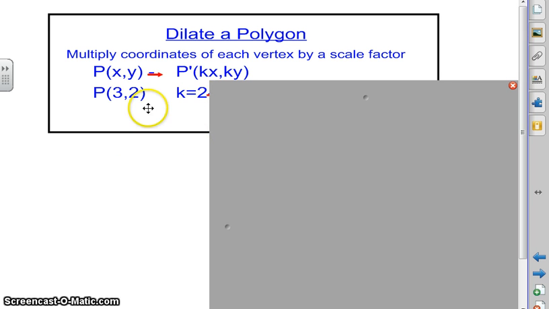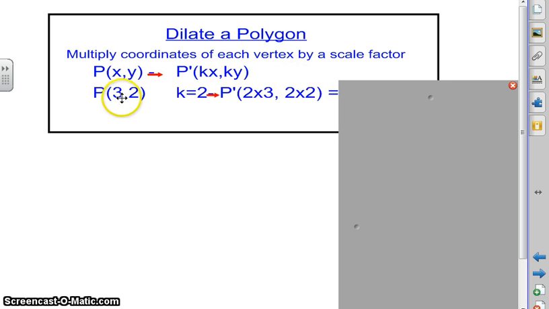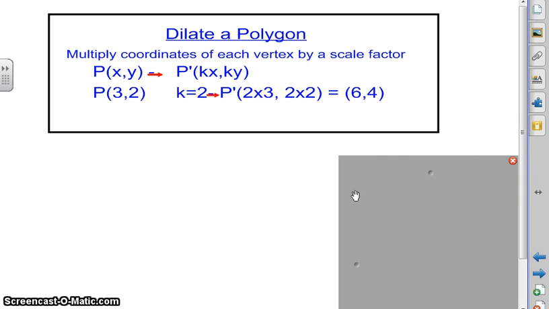Let's say together, point P prime is now at what coordinates? (6, 4). So you multiplied each of the 3 and 2 by 2, and you got (6, 4). Very good. So when we're dilating an entire figure, we do this for each vertex, and then we can see where the image is on the coordinate plane.